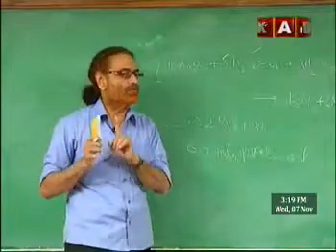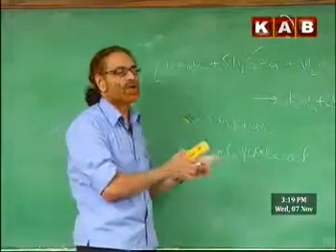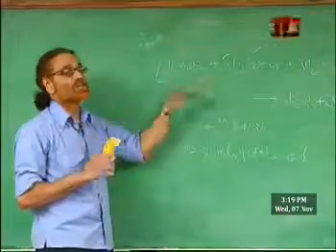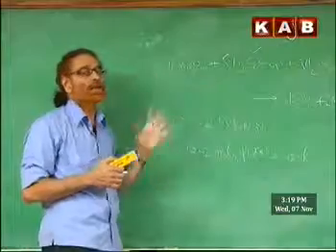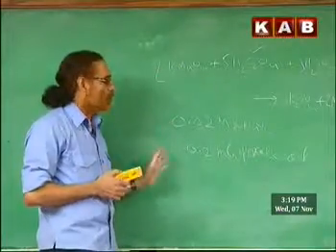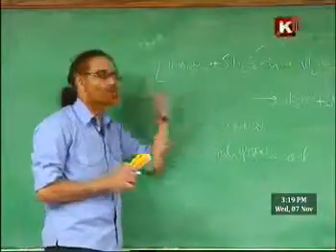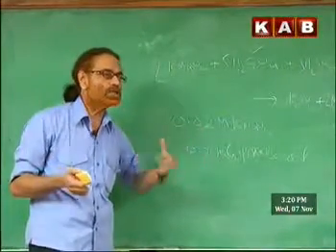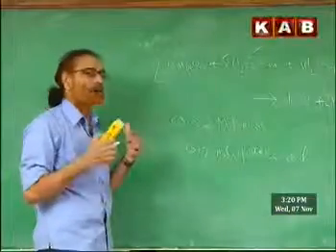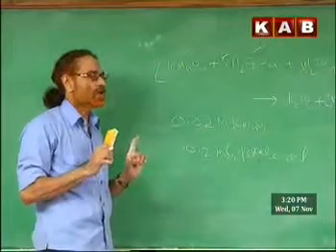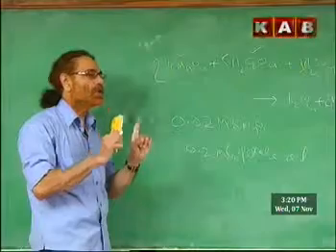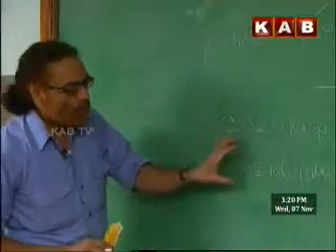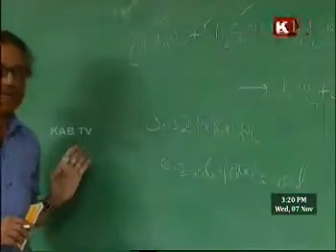One equivalent of this substance reacts with one equivalent only of the other substance, always. Whereas moles wise a certain ratio, you must understand by looking at the chemical equation. So when you want to apply moles, you use this mole ratio, and when you want to apply equivalents, you know it is always in 1:1 ratio only. But the problem with equivalents is you must be cautious and be sure that you know the right equivalent weight and then go ahead.